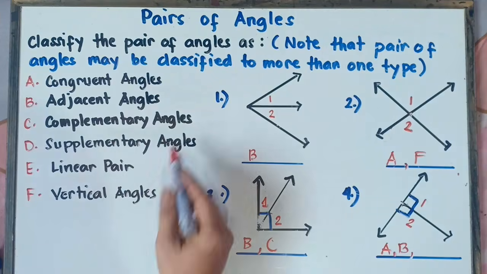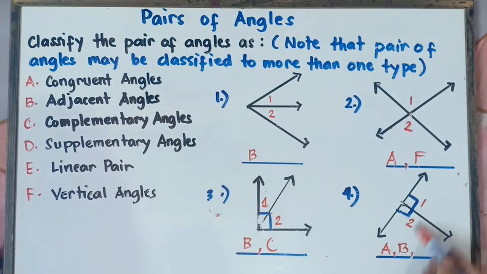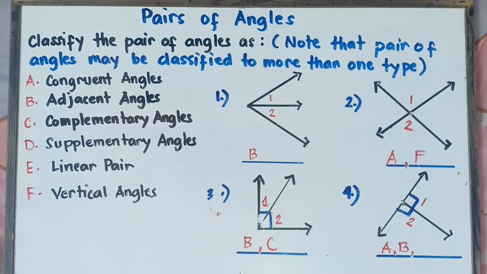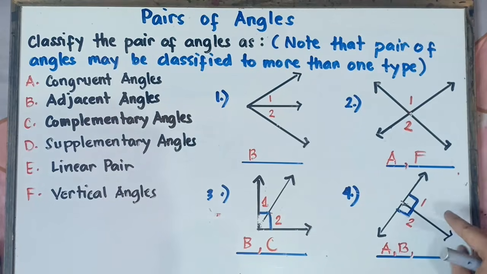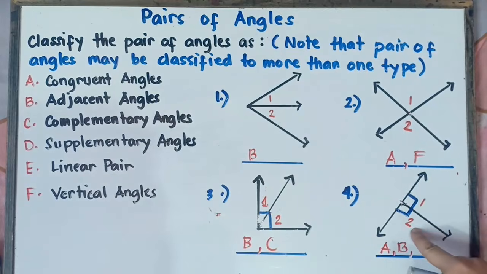C, complementary angles. Are the two angles complementary angles? Nope. They are not complementary angles. Many students commit a mistake on this one because they thought that this would be complementary angles. Nope, class, this is not complementary angles because angle 1 plus angle 2 is not 90.